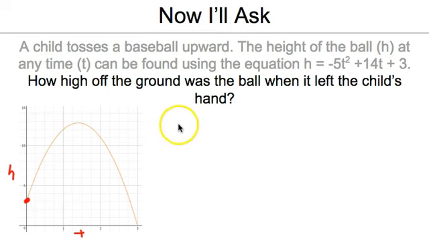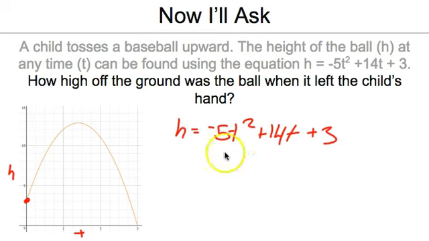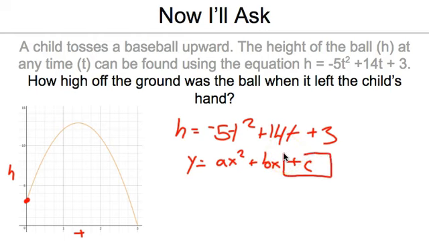Now this is a standard form equation, negative 5t squared plus 14t plus 3, and lucky for us, we are clever and we know that in y equals ax squared plus bx plus c form, the y-intercept is just c. So in this case, how high off the ground was the ball when it left the child's hand?